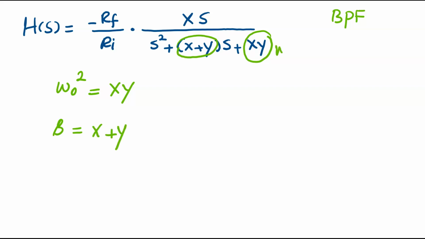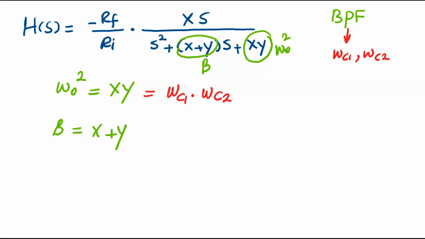So here I have omega naught squared, and here I have my bandwidth. Now I know that omega naught squared is also equal to the result of multiplying omega c1 by omega c2, in which omega c1 and omega c2 are the cutoff frequencies of my band pass filter.